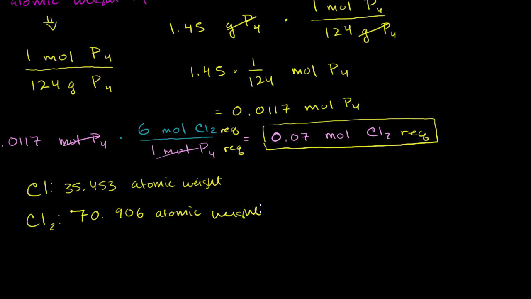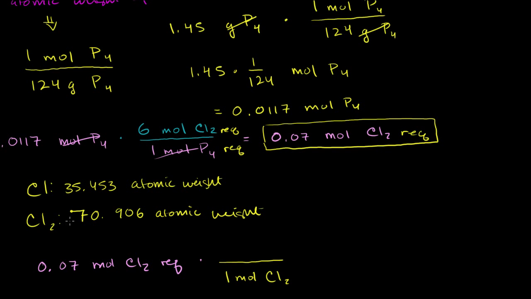Let me write this information that we had down before. We are required to have 0.07 moles of chlorine gas. That is what is required. And let's multiply it. We want moles in the denominator. So 1 mole of chlorine gas. For every mole, what's the mass going to be?